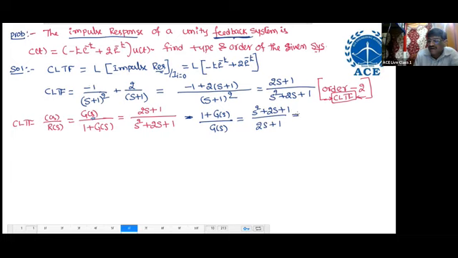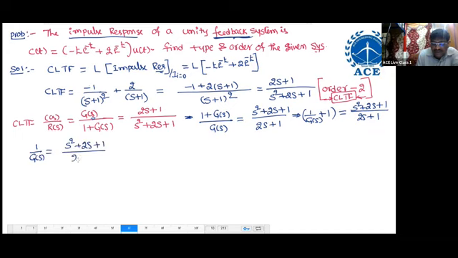So 1 by G of S equals (S square plus 2S plus 1) by (2S plus 1), and when you take the 1 to the other side, it becomes minus 1.